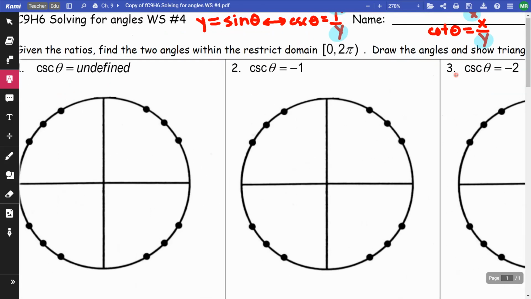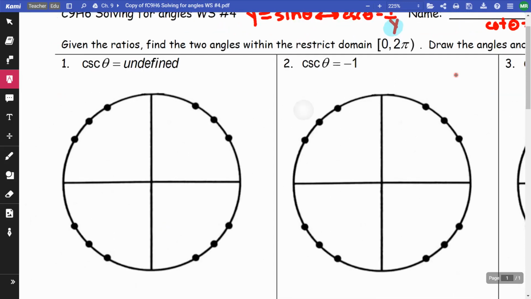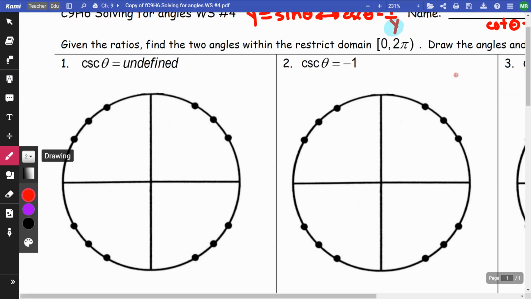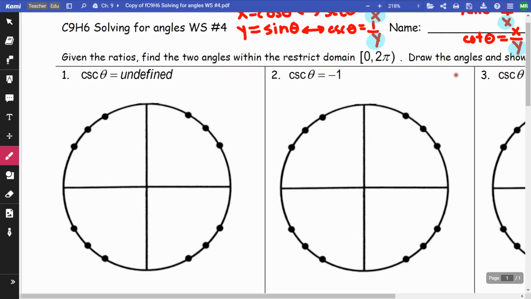Now we're doing these from 0 to 2 pi, including 0, not including 2 pi. Okay, so if my cosecant is undefined, remember, I just mentioned up here, sine would be your reciprocal, and sine is y.